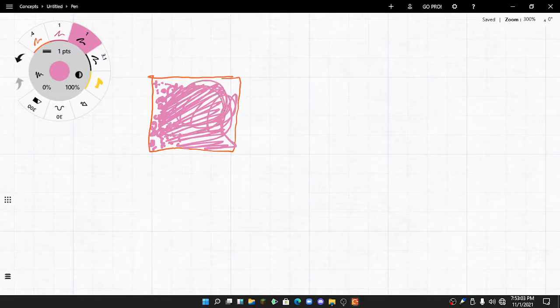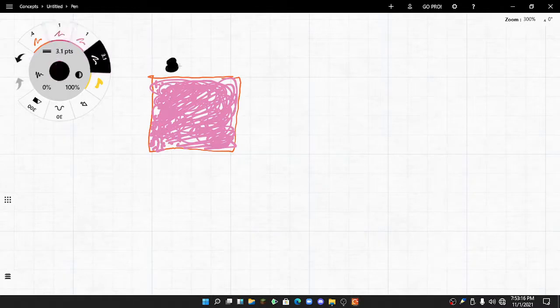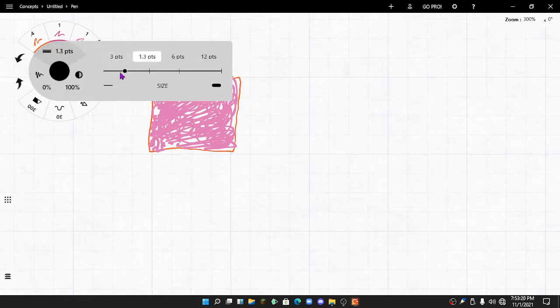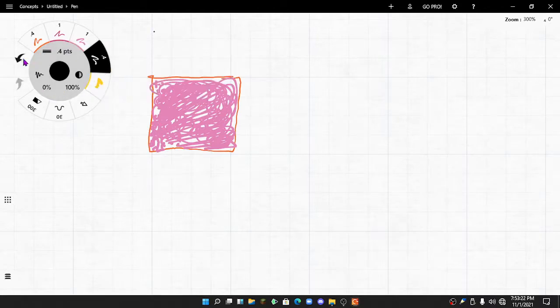Yes, this close. Every dot is very close. So what do you call it? State. We call this state solid state.